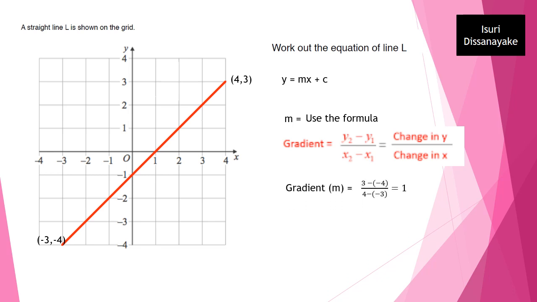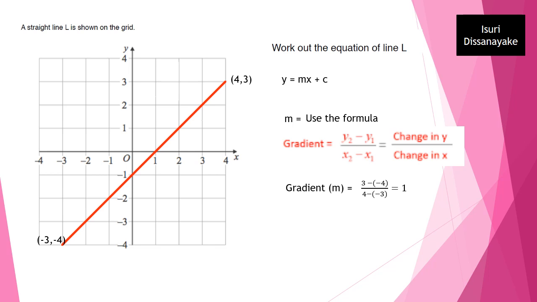We are going to substitute the values into the equation. The difference of two y coordinates, that is 3 minus minus 4. And the difference of two x coordinates, that is 4 minus minus 3. So it is 7 divided by 7. The slope or the gradient is plus 1.